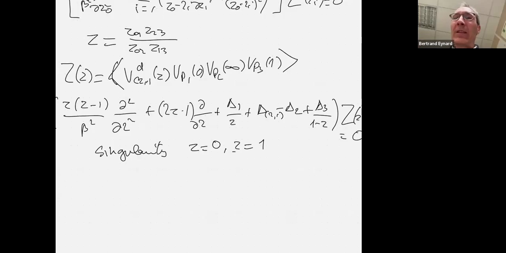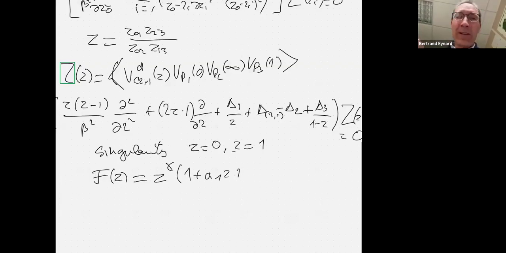And since there are singularities, we should accept that our solution will have some power-like behavior here, z to the gamma, and then it will be a series. So 1 plus a1 z plus a2 z squared, etc. So that's one possible ansatz.